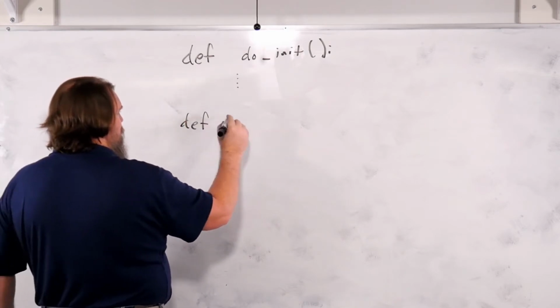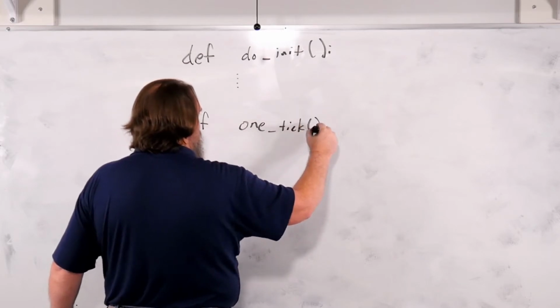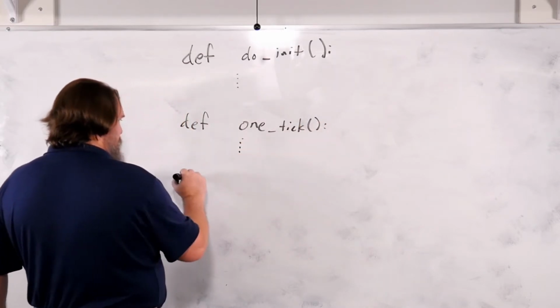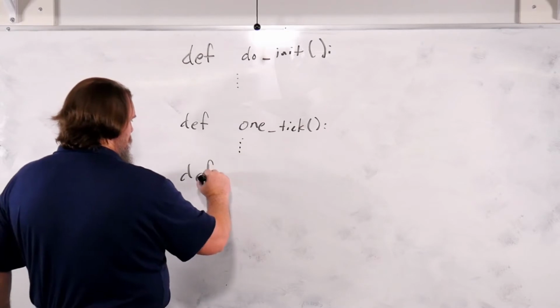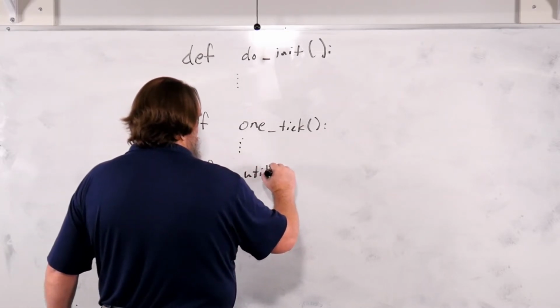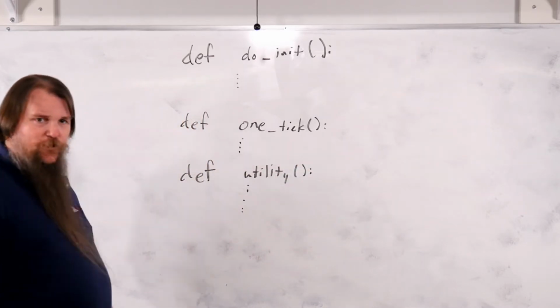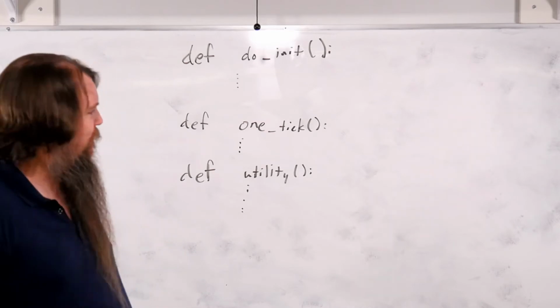And it's going to do like one tick of our simulation. And that'll have some stuff, and it'll have utility functions and all sorts of things. A good program is generally broken up into a whole bunch of different pieces of code.